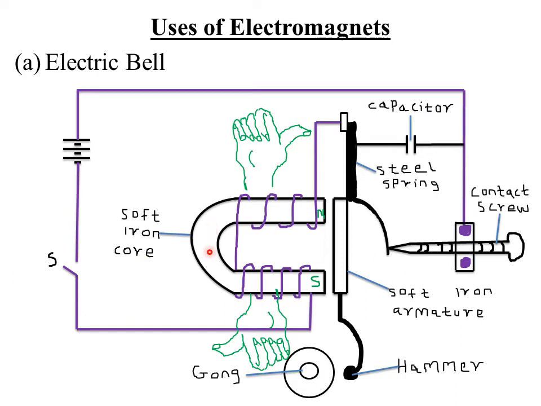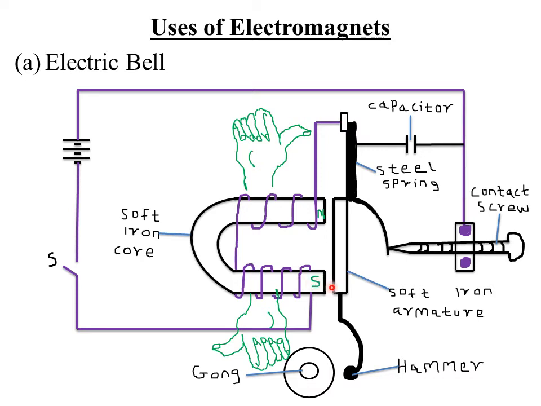That is, the magnet loses its magnetism because the current has been cut off by the contact screw, which has been broken as a result of the attraction of the armature onto the polarities of the core. Remember that this magnetism was what attracted the armature onto the core.